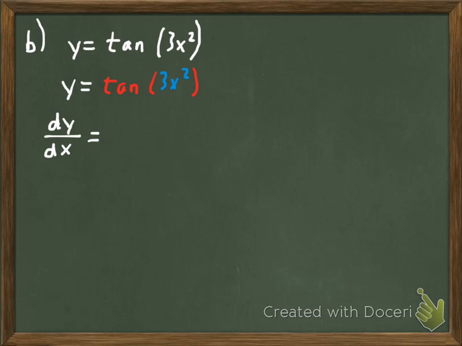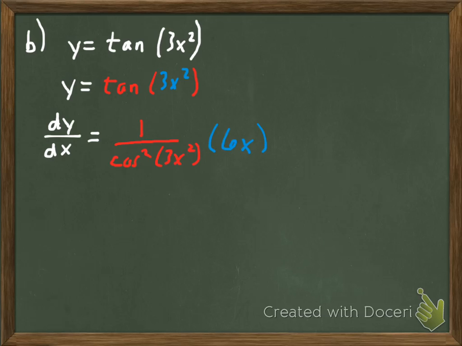And the derivative of the outer function with respect to the inner function is 1 over cosine squared of 3x squared. When you differentiate the outer function, keep the inner function inside of it. And then you multiply the derivative of the outer function by the derivative of the inner function. And the inner function's derivative ends up being 6x.